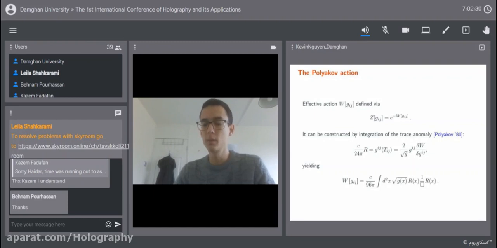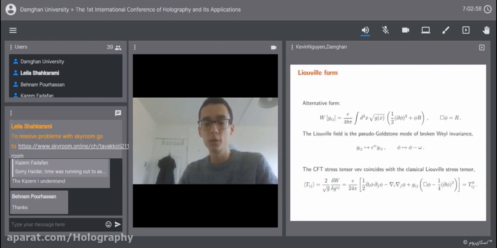And what you find is some non-local functional, because it involves a 1 over Laplacian, the inverse of the Laplacian. There are two occurrences of the Ricci scalar, and we have the central charge up in front. So that's the result. There is an alternative way to write it.